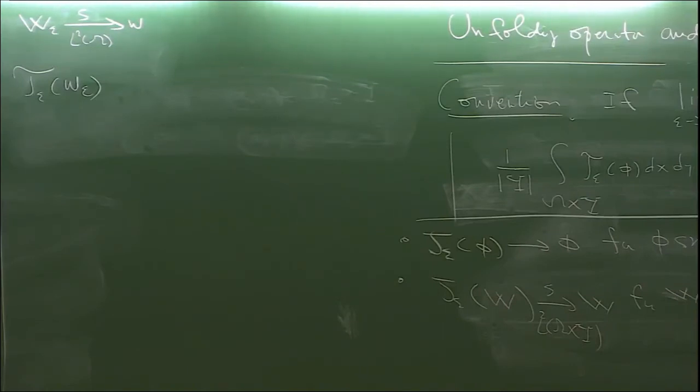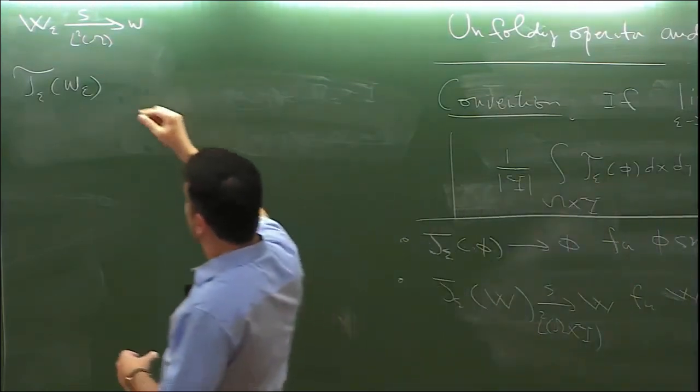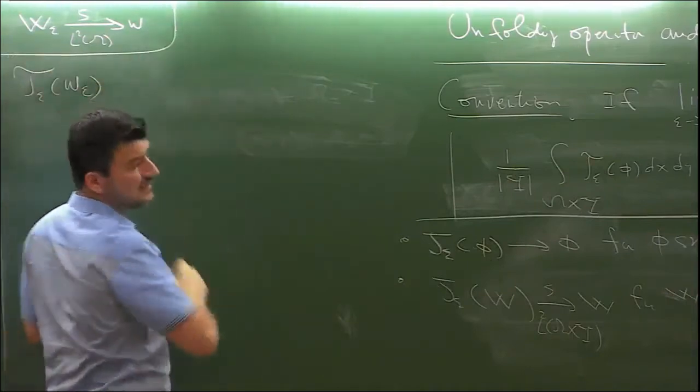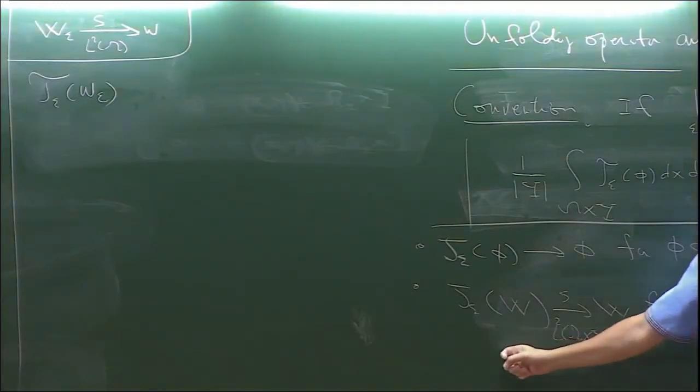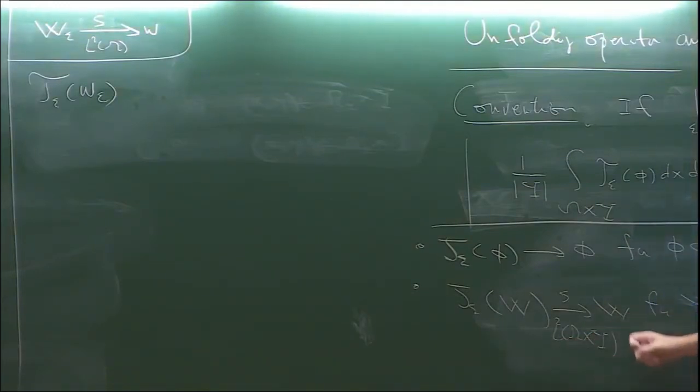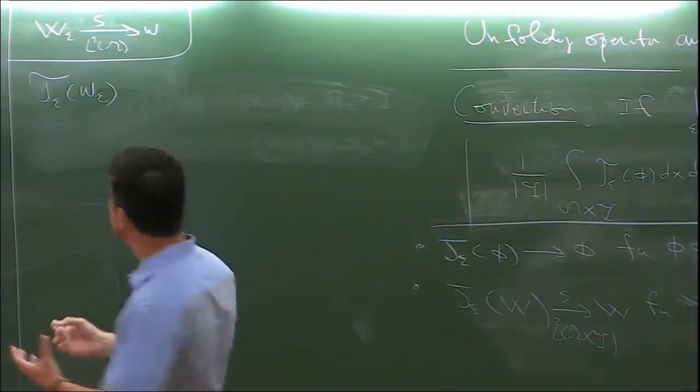What do you think the limit will be for a strongly convergent sequence? Well, if you take the constant sequence, we are back to square one here. The constant sequence tells us something. So for a strongly convergent sequence, our educated guess should be: T epsilon W epsilon goes to?